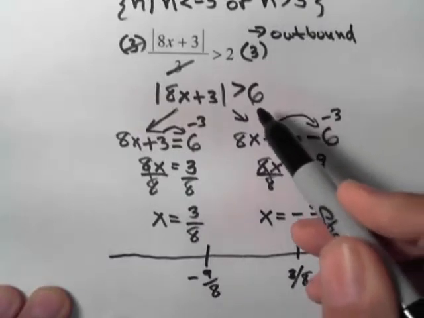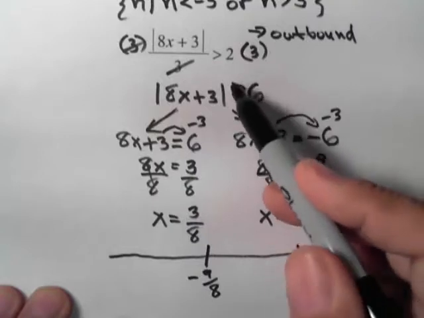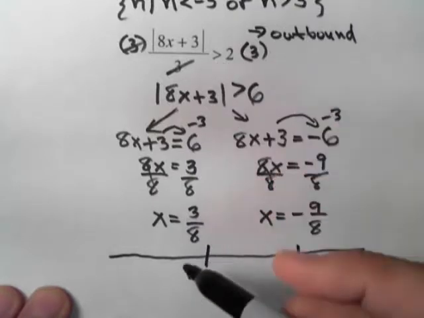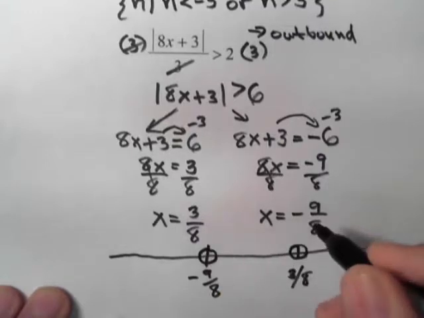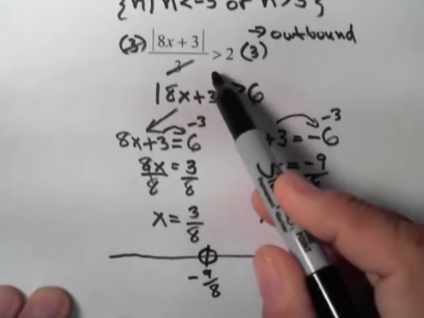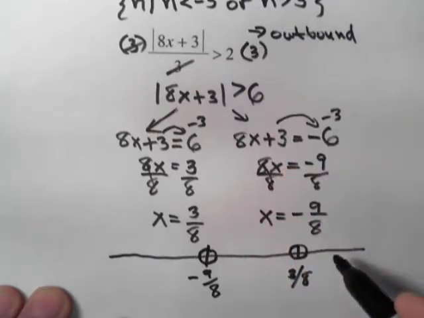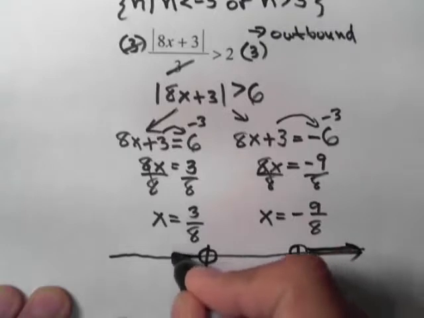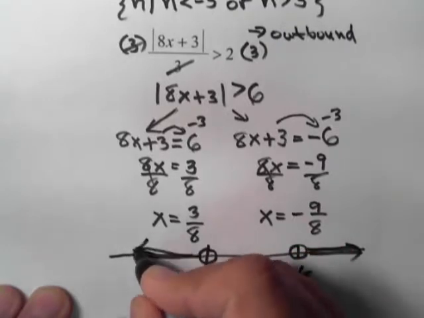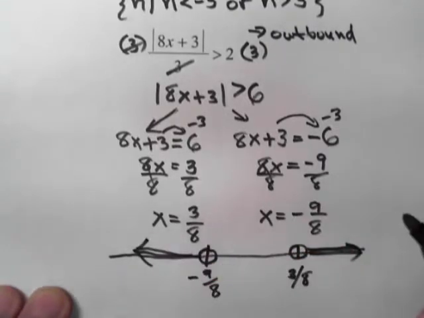Go back and take a look again at the inequality. This is the one up here. It didn't have the equal bar, so the boundary points have open circles. And now, of course, we saw right at the beginning it was an outbound. So you simply say, okay, draw the solutions going outward from each of these.